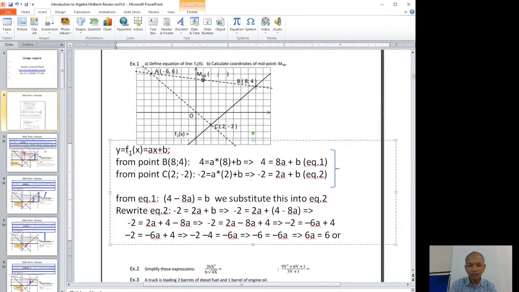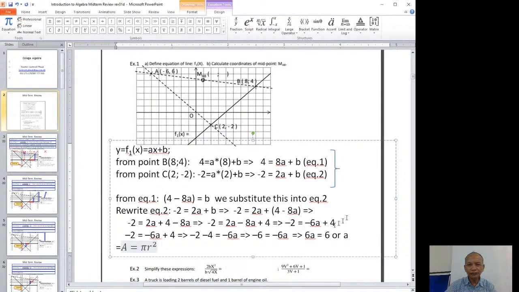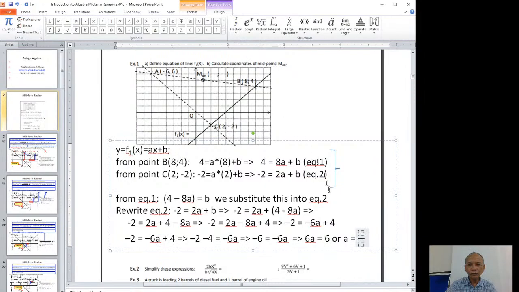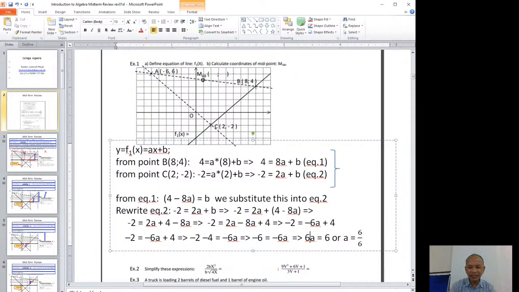Or a equals 6 over 6. 6a means 6 multiplied by a, 6 times a.